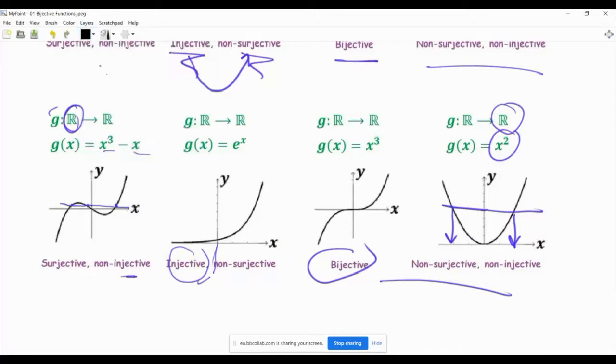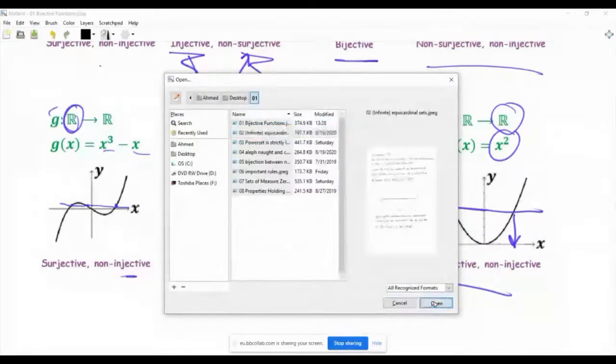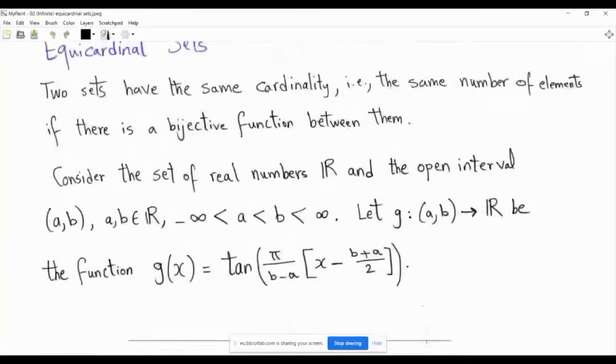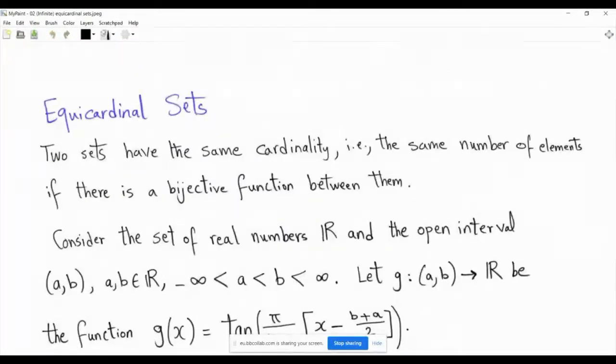Now we will use the idea of bijective functions, and this is the idea that we use to compare between sets. Specifically here, our interest will be infinite sets. So we say that two sets have the same number of elements, they are equicardinal, and some people use the term equinumerous, if you can establish a bijective function between them.